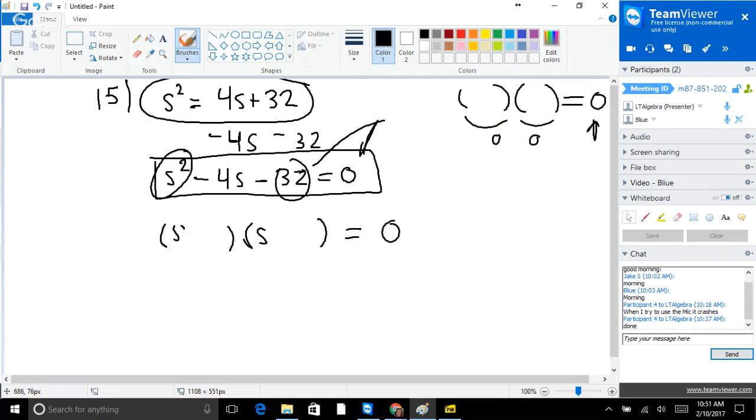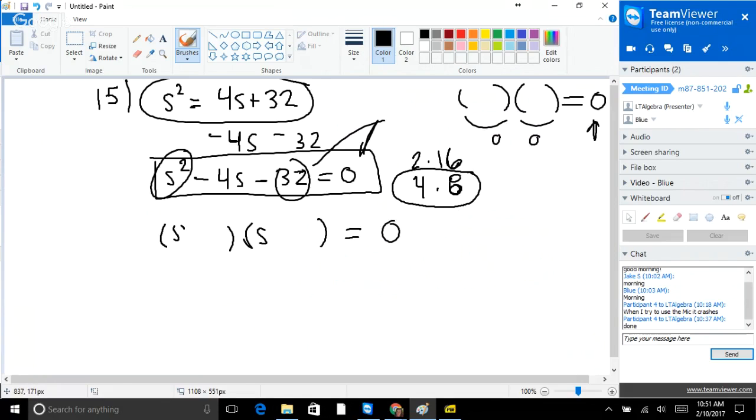What's all the ways we can make negative 32? 32 could be 2 and 16. That could be 4 and 6, right? 3 doesn't go into it. No, that's not right. 4 and 8, sorry.